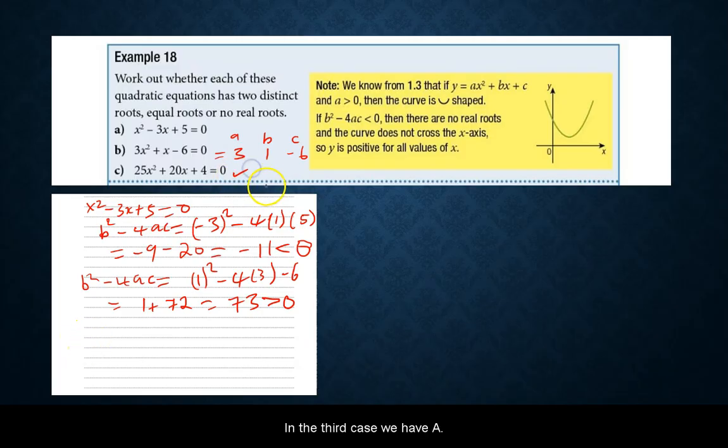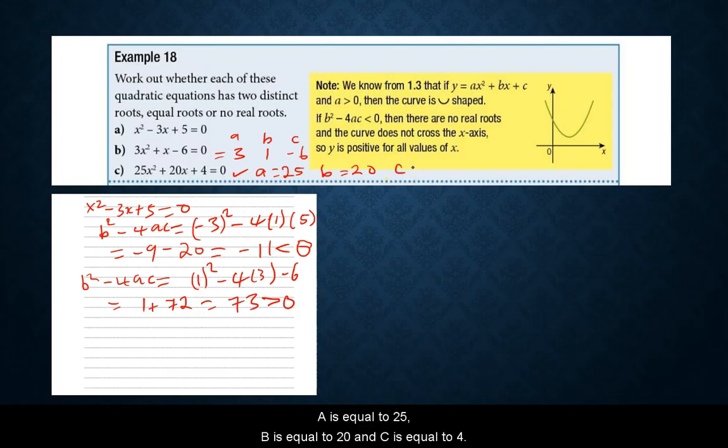In the third case, we have a is equal to 25, b is equal to 20, and c is equal to 4, as you can see them here. Using our discriminant formula, b squared minus 4ac, this implies that we are going to have 20 squared as our b.